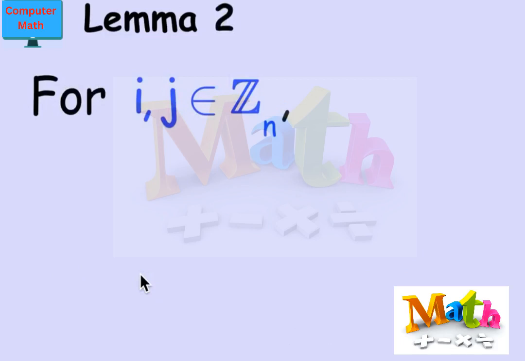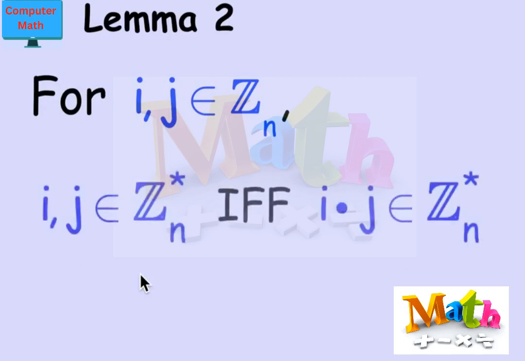The second remark is that if you look at numbers i and j that are in the interval from 0 to n in Zn, then if you multiply the two of them, you're going to get an element in Zn star if and only if the original two elements were in Zn star. Well, let's just look at it in the left to right direction, which is the only one we need.